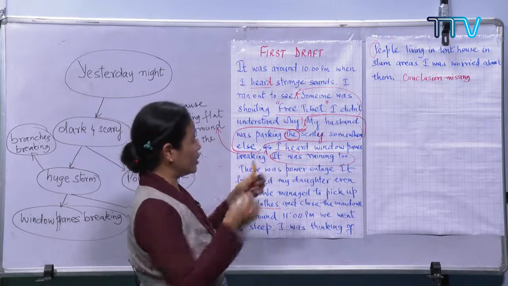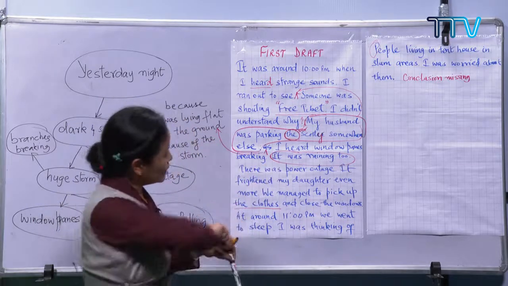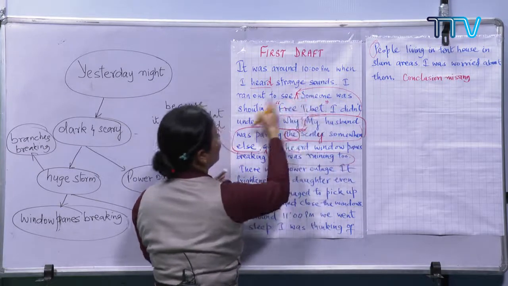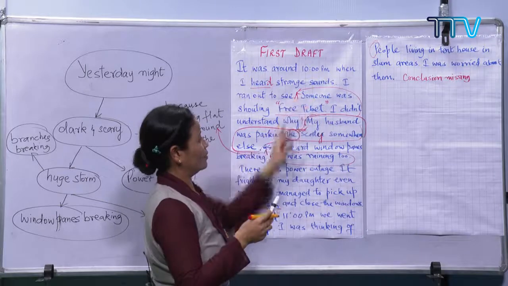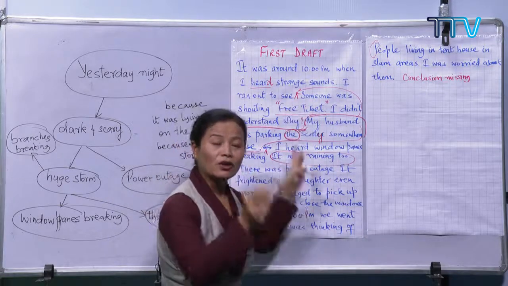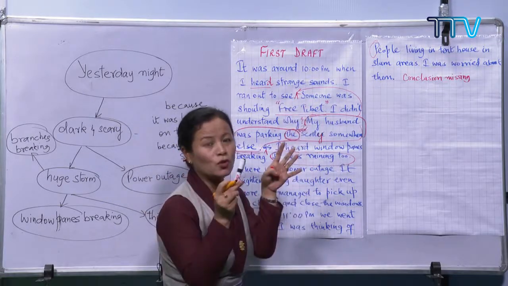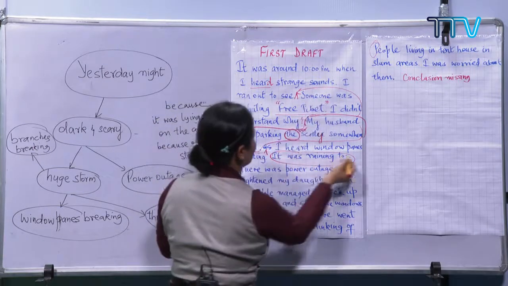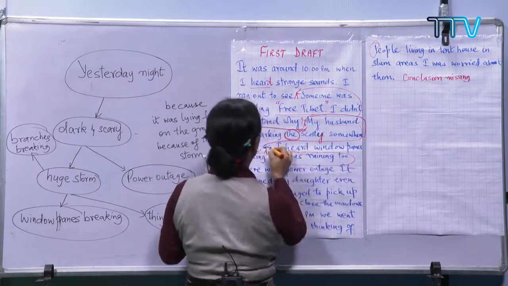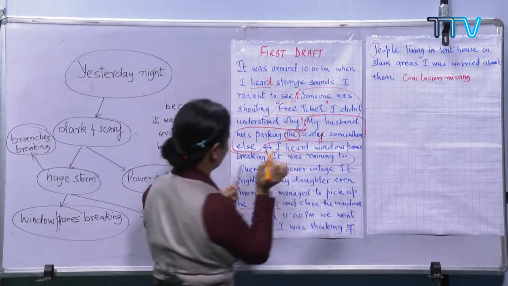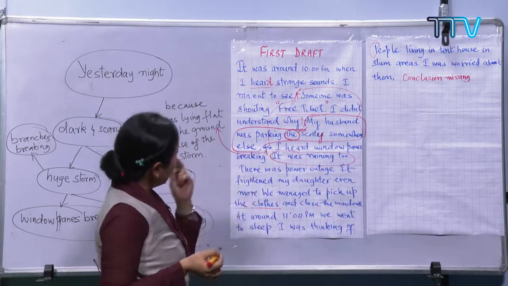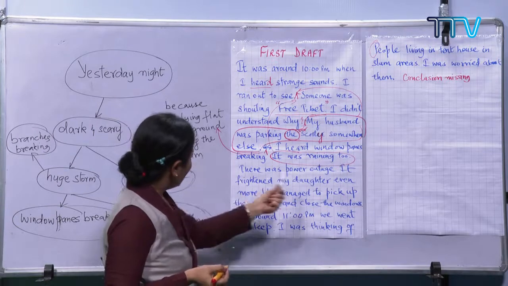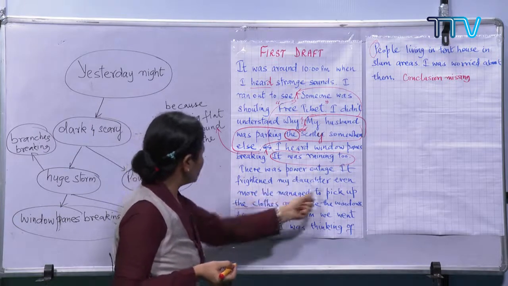It was raining too. Okay, so this is also something that can be placed here. I ran out to see. Okay, and when I went out, I saw it was raining. Not just storm, but it was raining. So we can take this sentence somewhere here. Then there was a power outage. So it frightened my daughter even more.